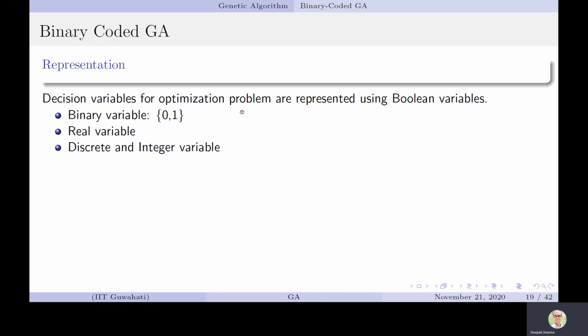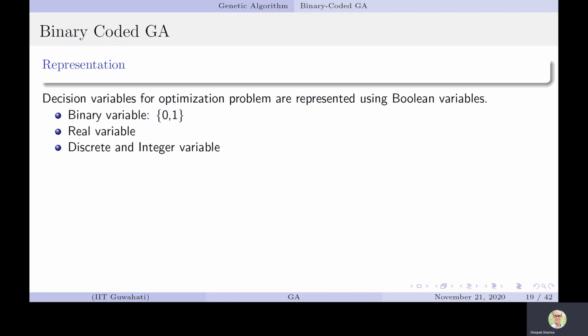The decision variables for the optimization problem are represented using Boolean variables, meaning 0 and 1. For example, there are certain problems such as the transportation problem, where we have to decide whether we take this path or not.